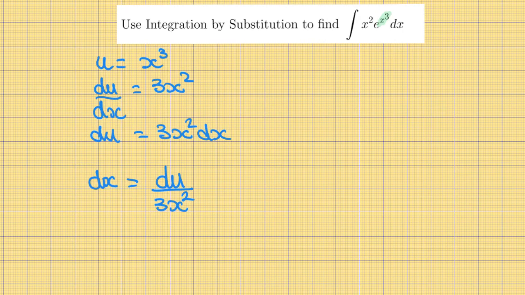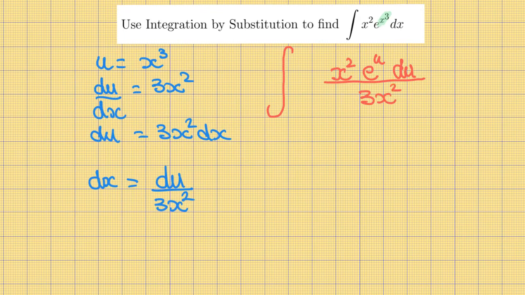Substitute back into the original, so we get the integral of, don't forget it's going to be a division, x squared is still there, e is still there, but x cubed is now u, and now dx is equal to du over 3x squared.